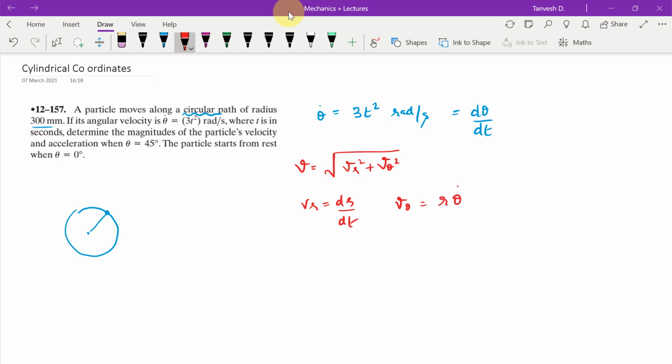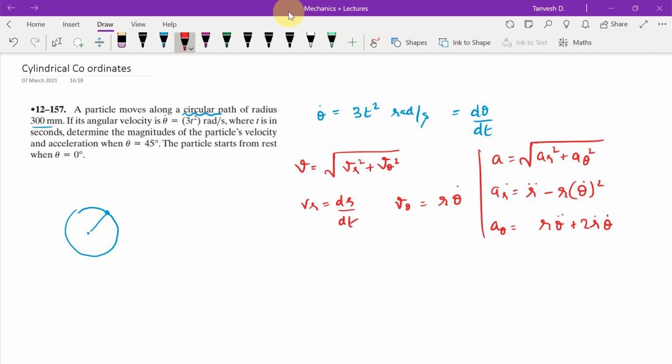And the acceleration is under root of ar square plus a theta square, where ar is given as r double dot minus r theta dot the whole square, and a theta is given as r theta double dot plus 2 r dot theta dot. So these formulas we need to remember.